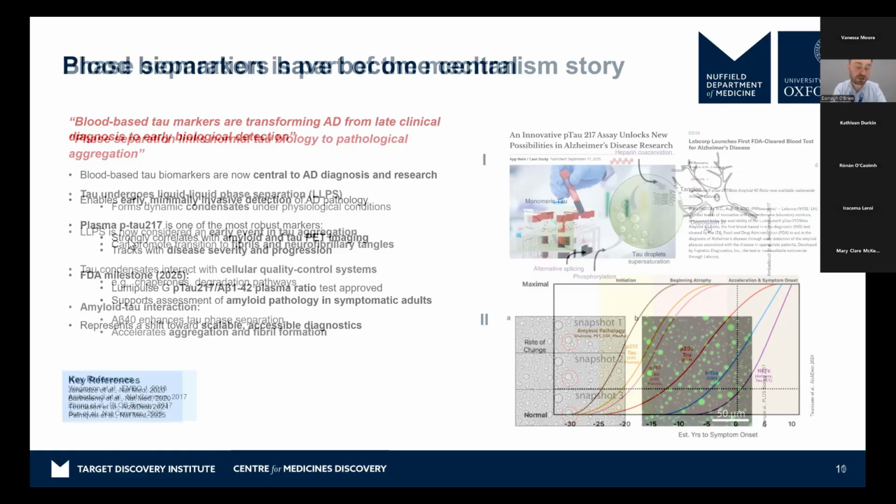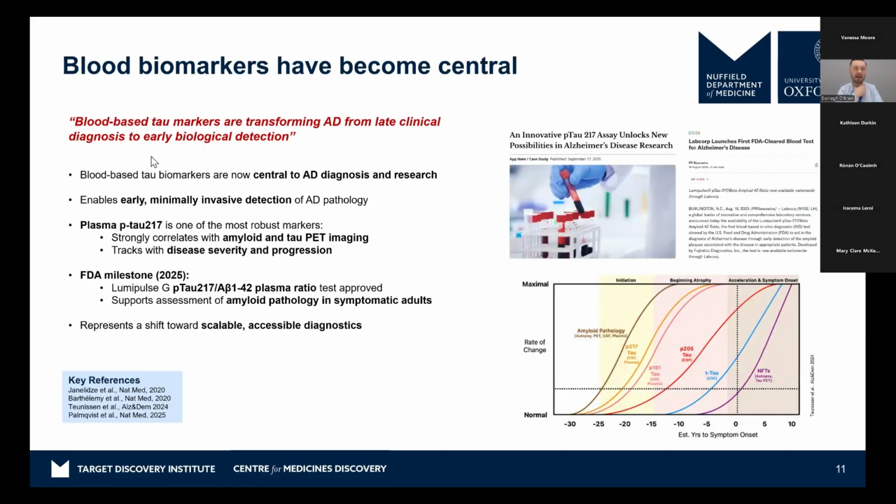So multiple, very recent studies have now shown that phospho-tau 217 levels strongly correlate with both amyloid and tau PET imaging, meaning it reflects the underlying brain pathology quite accurately. It also tracks well with disease severity and progression, making it not just useful for diagnosis, but also for monitoring the progression of disease over time.